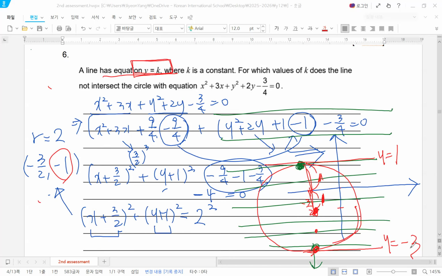And from here, since the radius is 2, the highest point is this one, which has 1 as its y coordinate because it's negative 1 and go up 2 units. So y equals 1 touches this circle at 1 point, and above, it doesn't touch this circle. Okay?